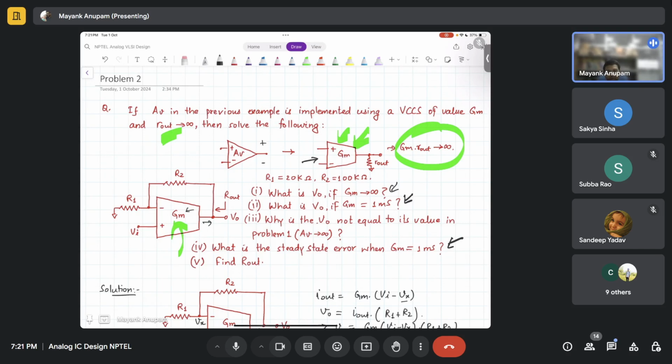Real components have finite values. So you will have some finite value of GM. With that, definitely you will not achieve the ideal value. You will achieve some value which will be different from the ideal value. Correct? So you take the difference between both of them, and that will be your steady state error. Getting the point now?